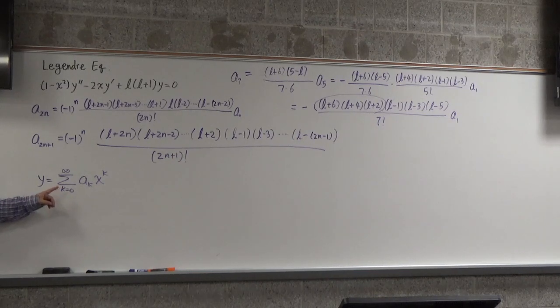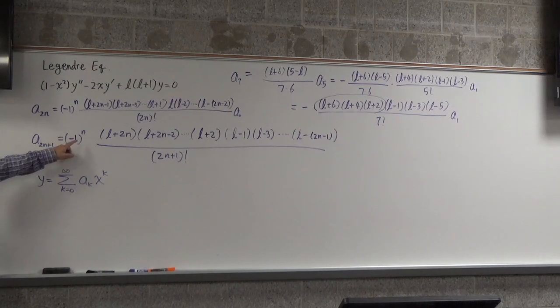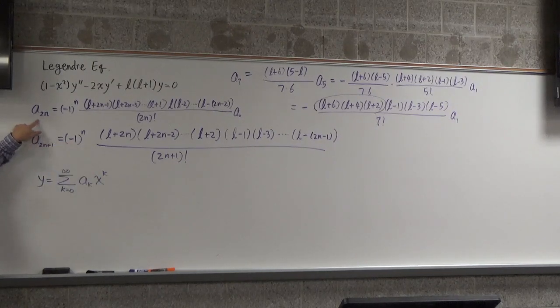Depending on whether your k is an even number, it follows this pattern. If k is an odd number, it follows this pattern. So you have to separate this into even and odd. So you end up with two different sigmas.